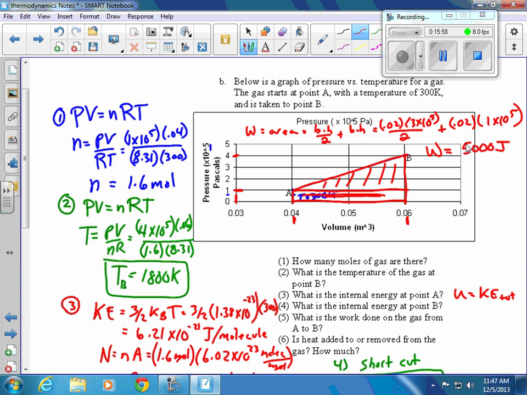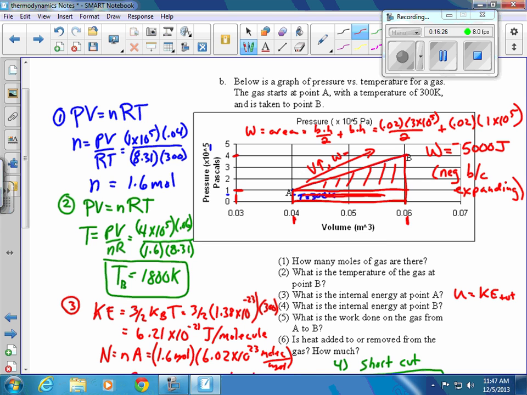I got to know if that work is positive or negative. To know that, we have to know, is it expanding or is it being compressed? Well, when I go from A to B, the volume is going from 0.04 to 0.06. So the volume is increasing, therefore the work is negative because it's expanding. Okay, so we're going to say negative 5,000. We'll say it's negative because it's expanding.